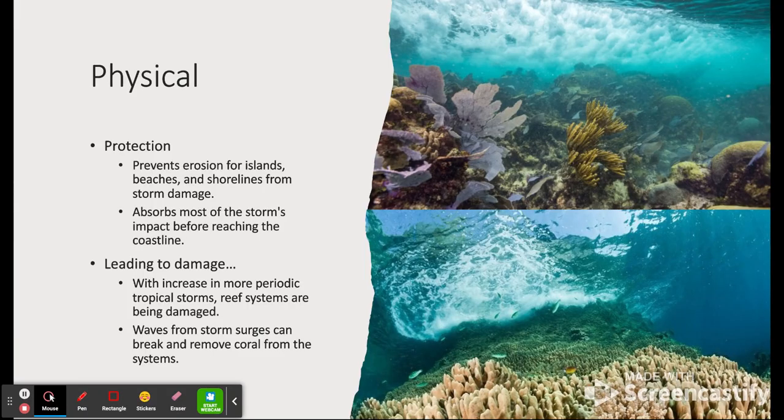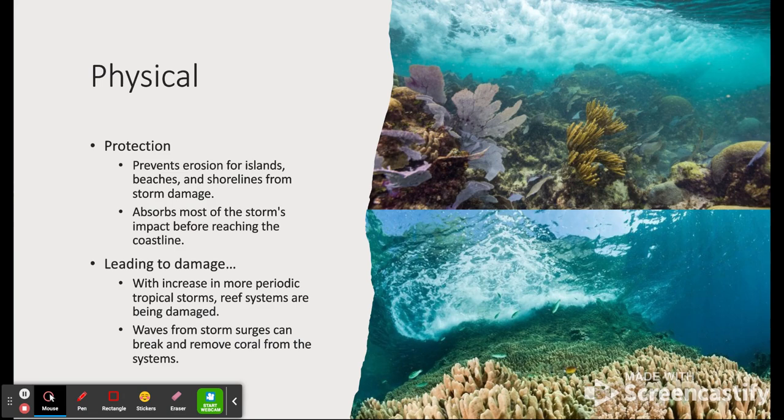All right, physical oceanography. So coral reefs provide protection for us humans that live on the coast. They prevent erosion for islands, beaches, and shorelines from storm damage and storm surges. They act as a buffer for most storms before they reach the coastline.